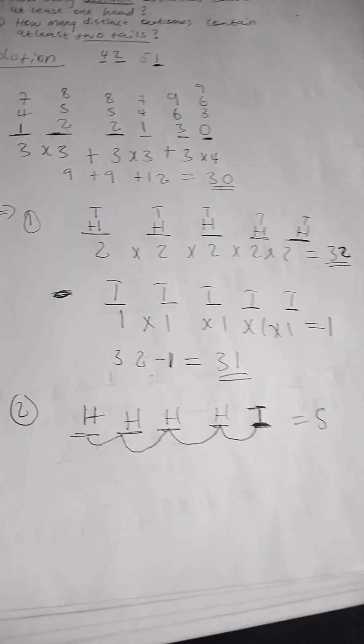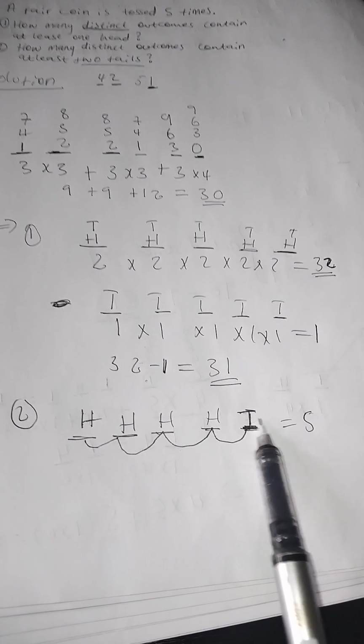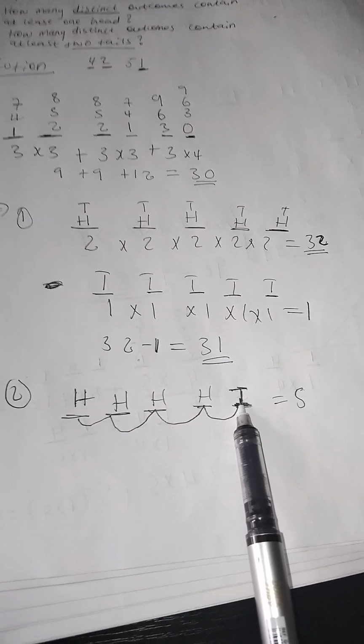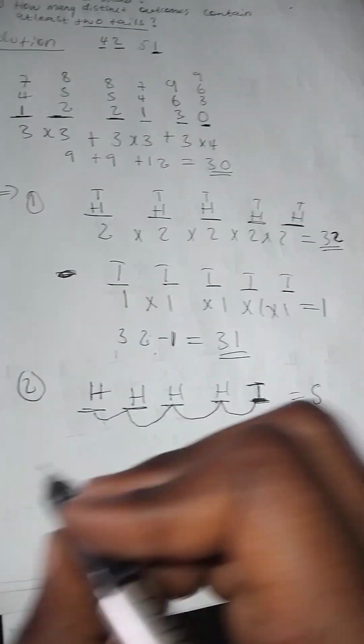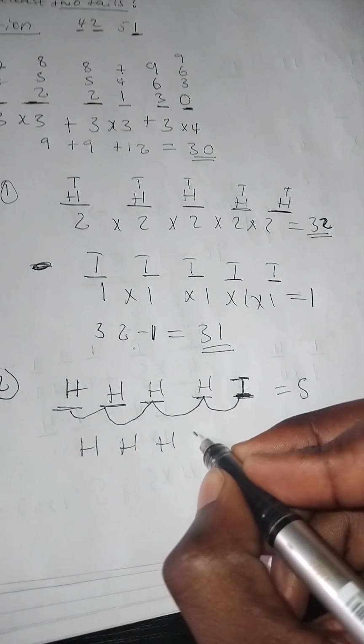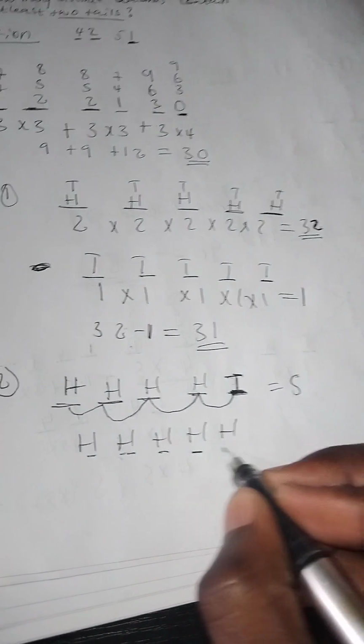Now since we are looking for at least 2 tails, and here we accommodated for when there is only 1, then this is one of the possibilities where there are not at least 2 tails. The other one is where there are no tails at all, so having heads all the way. So it's 1, 2, 3, 4, 5.